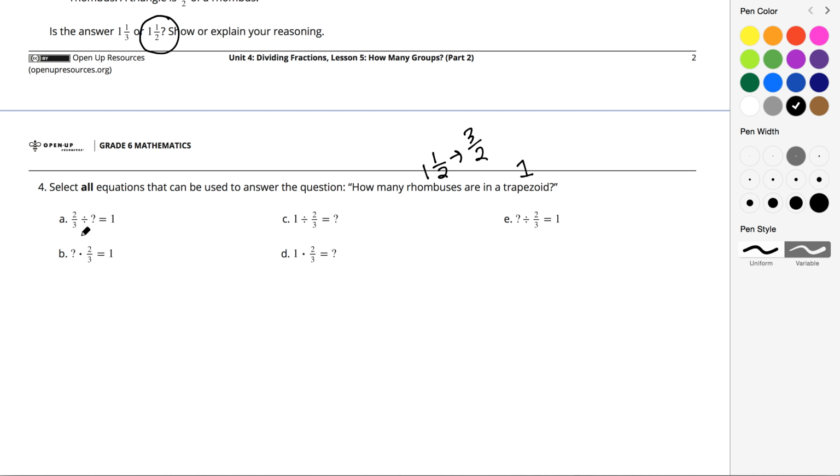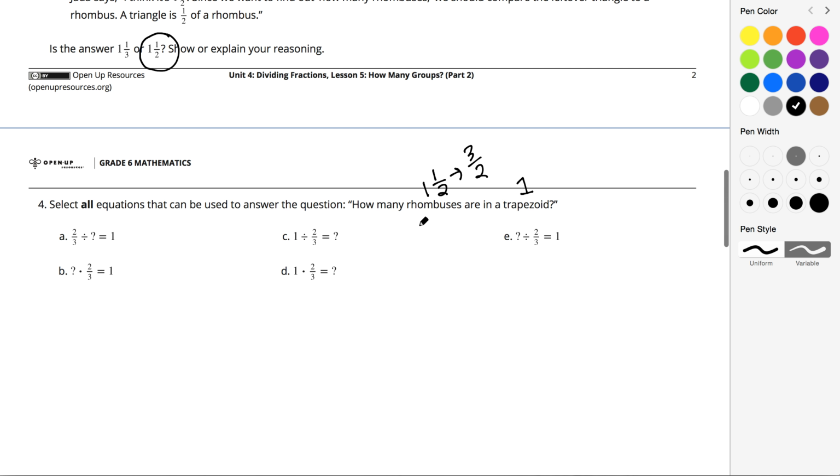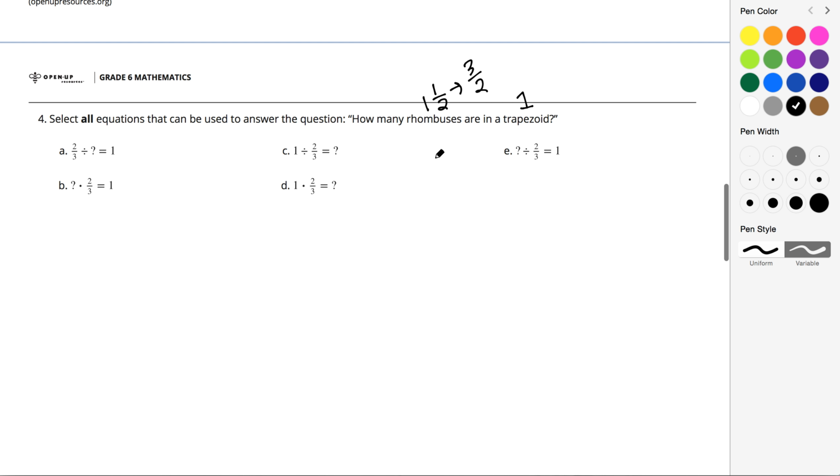So 2/3 divided by what number equals 1? We have what number times 2/3 equals 1? 1 divided by 2/3 equals something. And 1 times 2/3 equals something. And something divided by 2/3 equals 1. So I'm going to ignore these for a second, and I'm going to think about this question using my ideas of multiplication.